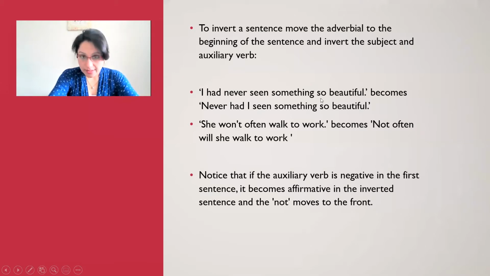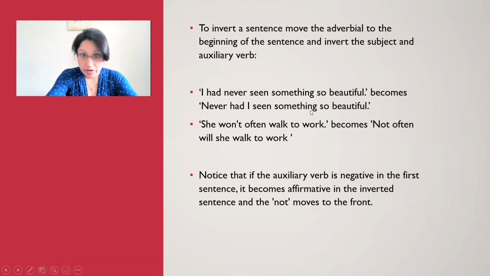When you're adding emphasis with negative adverbial expressions, you start your sentence with never. So: never had I seen something so beautiful. You start with never and then you invert, so had comes first, followed by your subject, I.